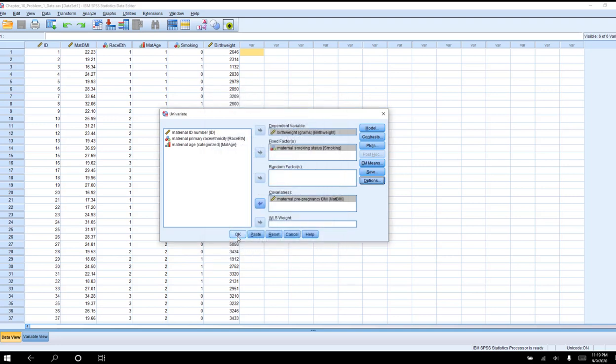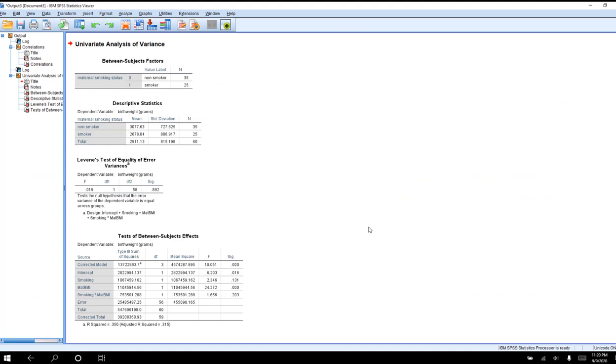Press Continue and OK. Regarding homogeneity of variance, the Levene's test is not significant at 0.892, which means we do have homogeneity of variance. Another way to look at homogeneity of regression is looking at the interaction term. We find that it is insignificant at 2.03.